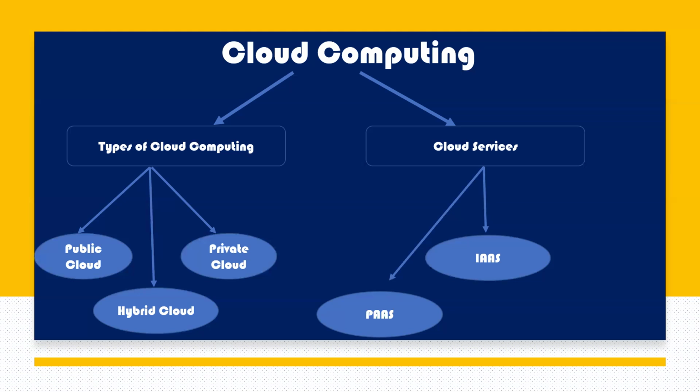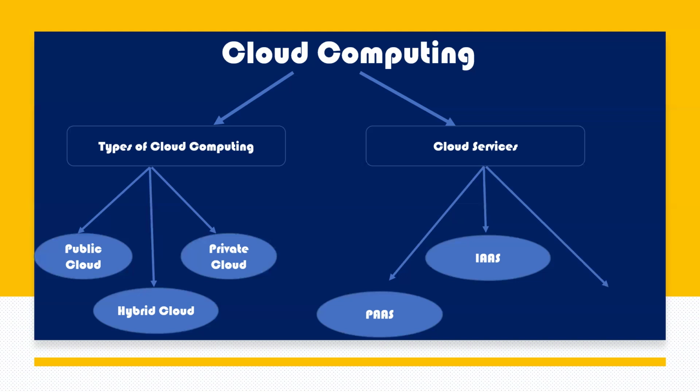The software is already installed and you can start to use it. You don't worry about the background virtual machine creation; everything is taken care of by the service provider. Platform as a service means the environment is there along with the required software, and you can start to develop. This is another service.